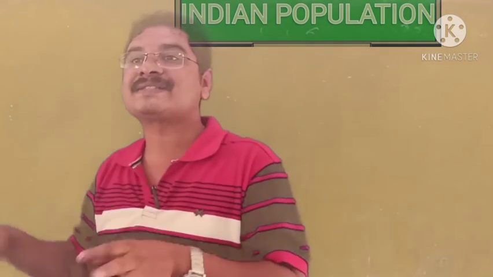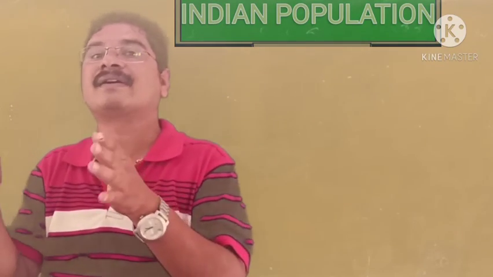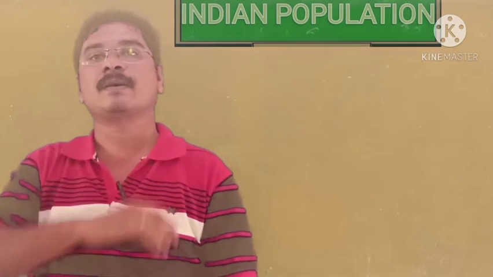The main factors are physical features, climate, soils, resources, and industries and commerce. The mountain and hilly areas, the northern and northeastern hilly areas, are sparsely populated, but the Great Plains of North India and the deltas have dense population.